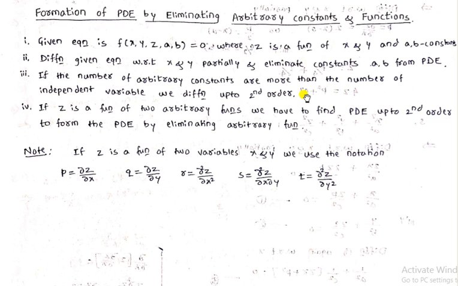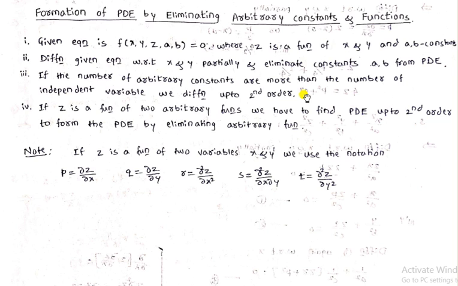So if the problem contains two variables, say x and y, and three arbitrary constants a, b and c, then we differentiate up to second order. Or if the equation contains two variables and two constants, then you differentiate up to first order. The same rule is applicable for functions also.